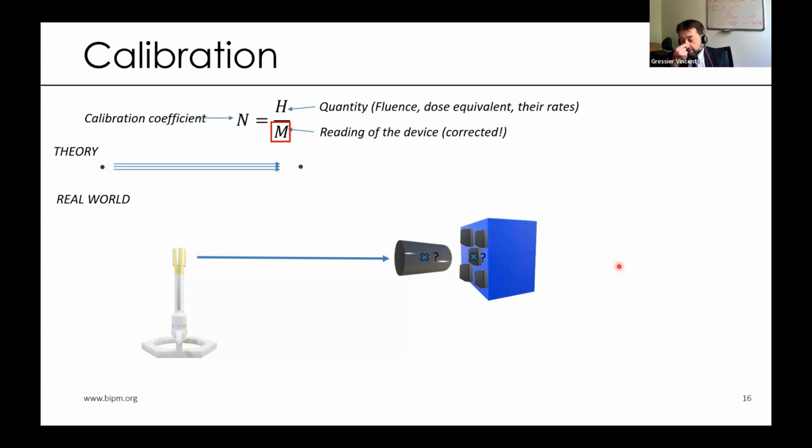It can be even more difficult if you consider several dosimeters put on the front face of a calibration phantom. What is the distance from the source to the dosimeter? The source is not a point, so you can have a variation of angles, also because the detector is not a point.